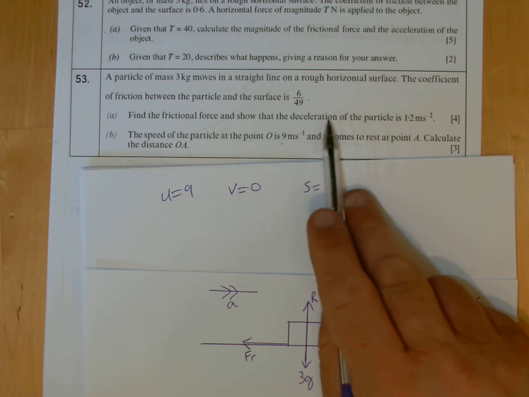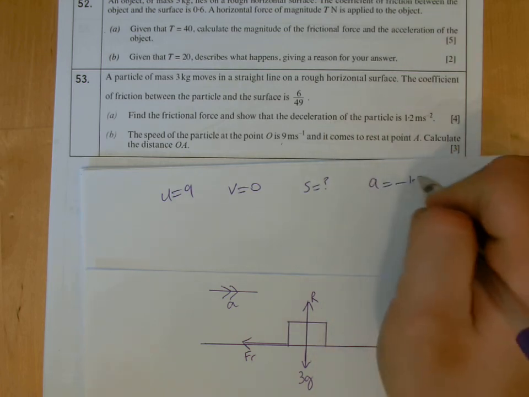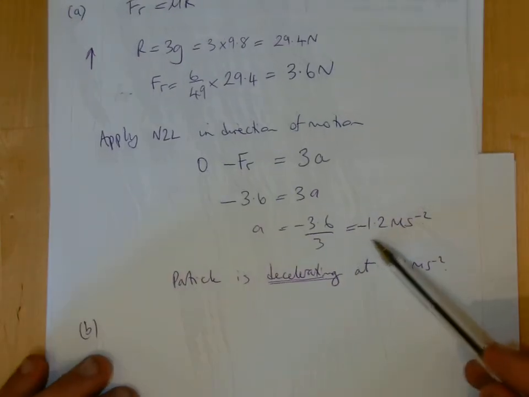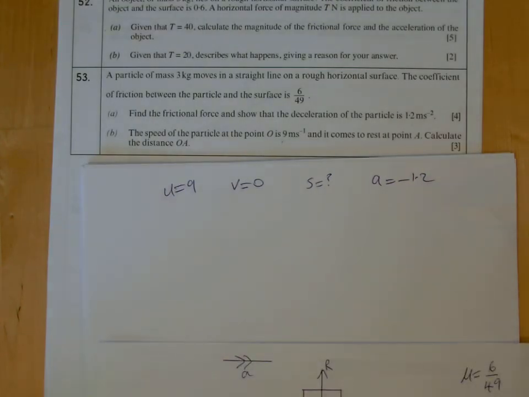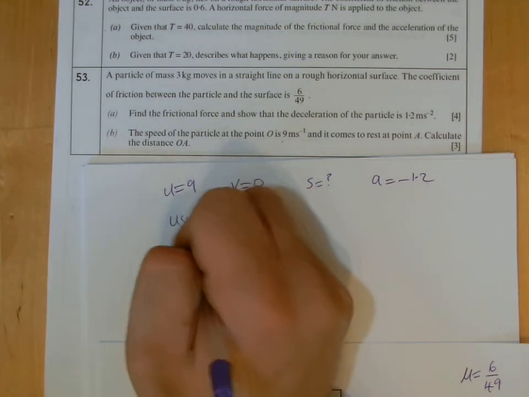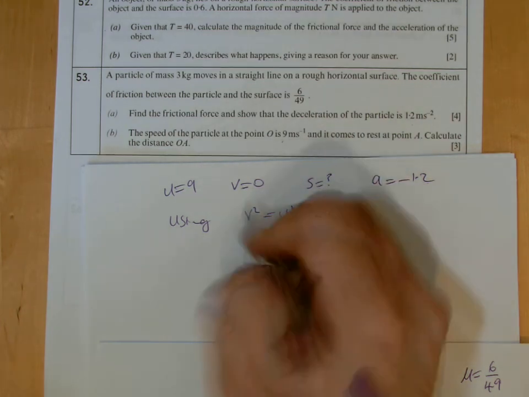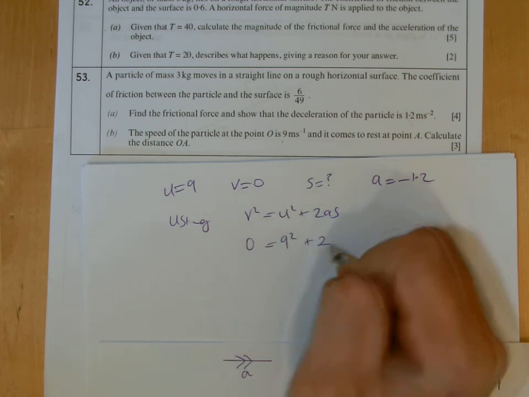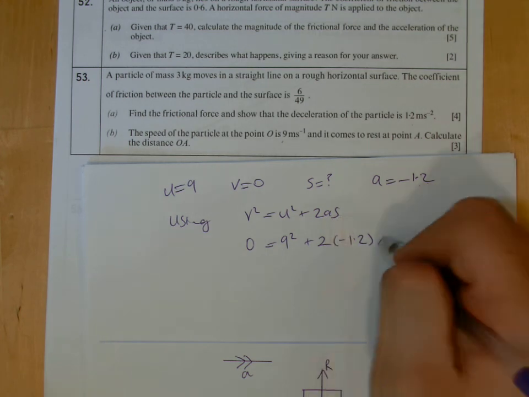But remember, deceleration, so when I write it as acceleration, I need to put minus 1.2. You need to use that to show that it's decelerating. Because it's a constant deceleration, I can use the equations of motion. Using v squared equals u squared plus 2as, we know v is 0, u is 9, so that'll be 9 squared plus 2 times minus 1.2 times s.